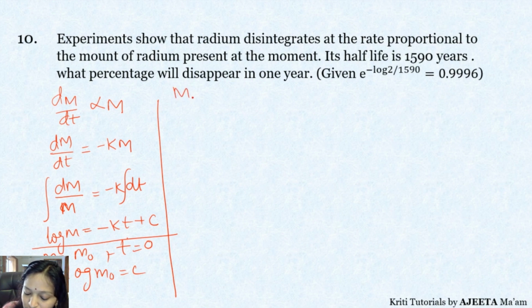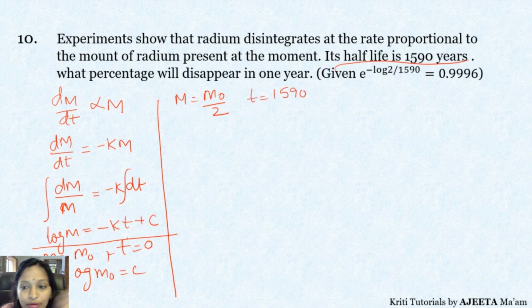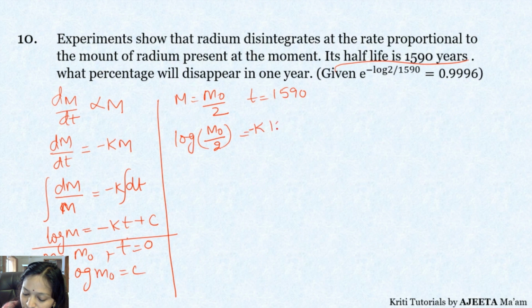So half life means your m0 by 2 will be your mass. Half life, time 1590. Here we can find K using this condition. So log m0 by 2 equals minus K 1590 plus log m0. Let's do it.